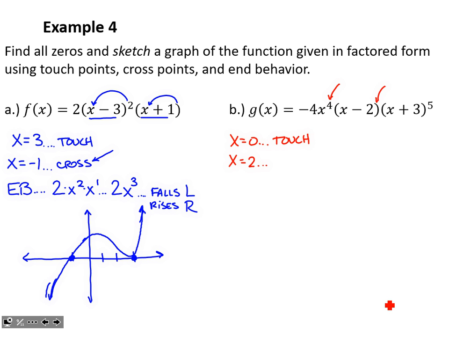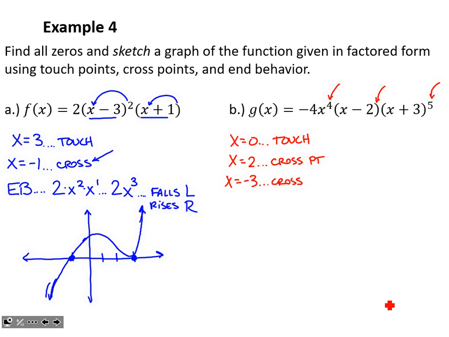That's a cross point. And then I've got x equals negative 3, and I see that is to the 5th power, so that's going to be a cross point. But I know it's got that higher odd power, so there's going to be that little moment of hesitation. Right? It only crosses through without a hitch when it's a first power factor.